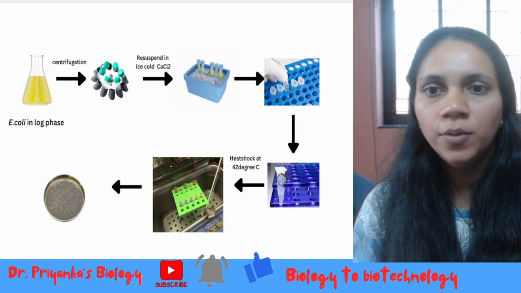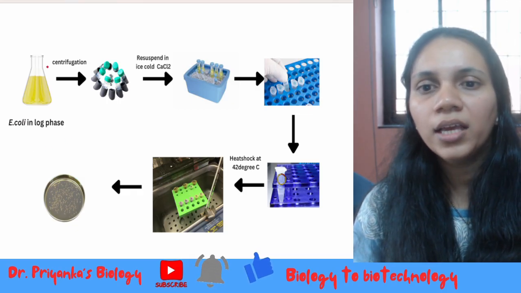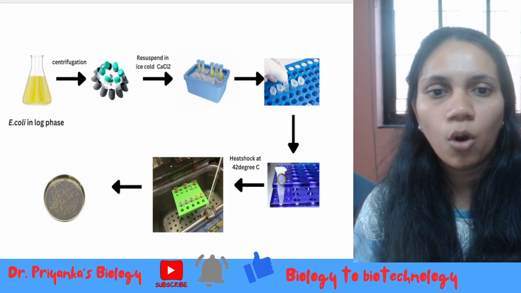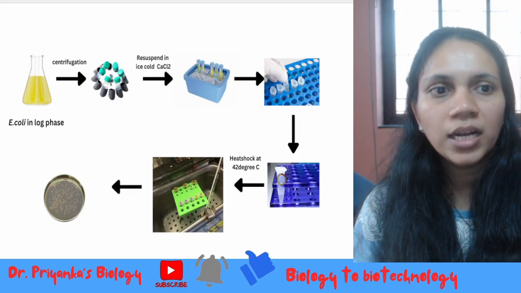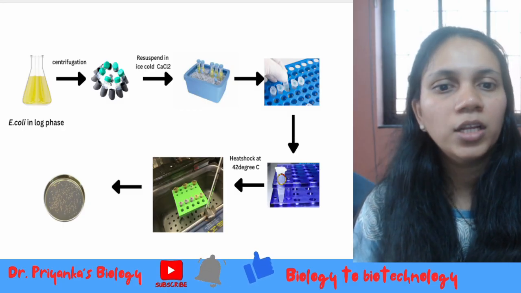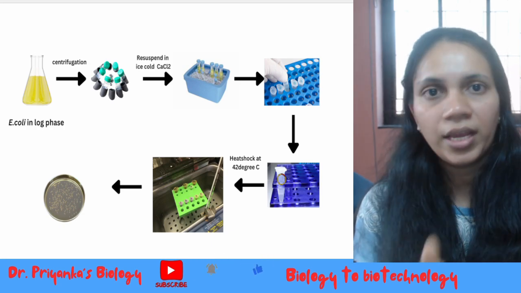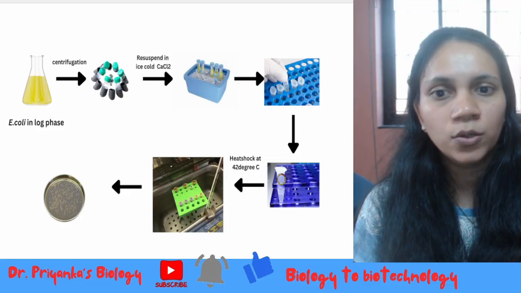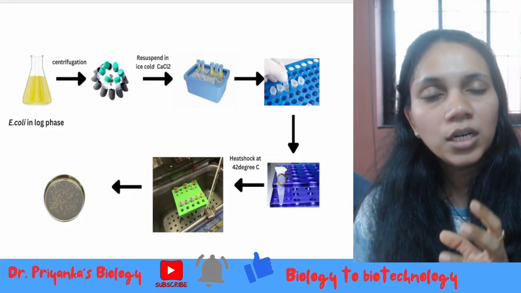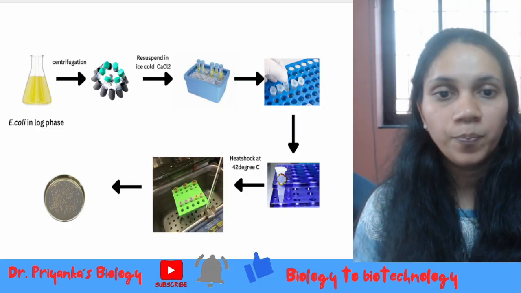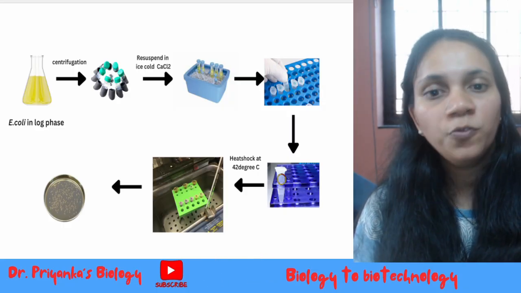In this picture, we have E. coli in the log phase. Now, the reason for taking cells in the log phase is that it is the best metabolic phase. Normally it is mid log phase, because in this phase the cells are very active, they are metabolically active, and the efficiency of transformation we get will be very high as compared to any other phase.